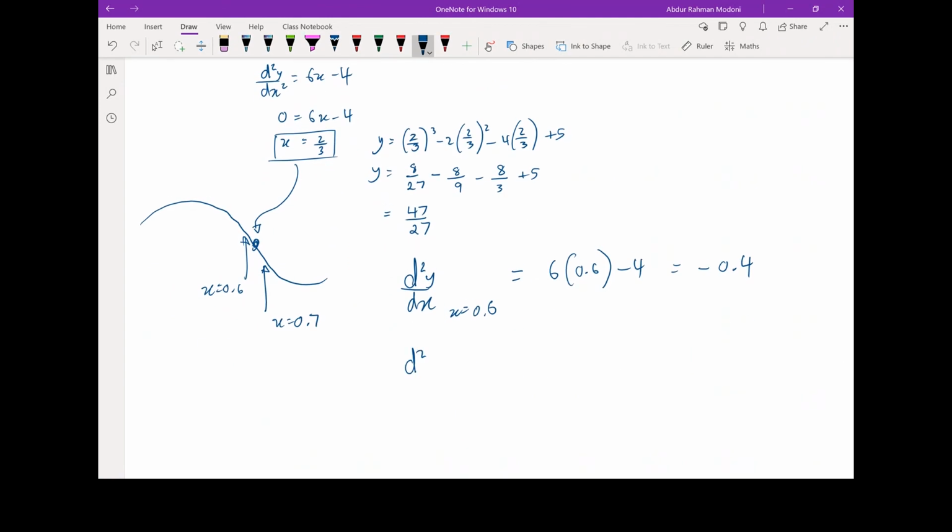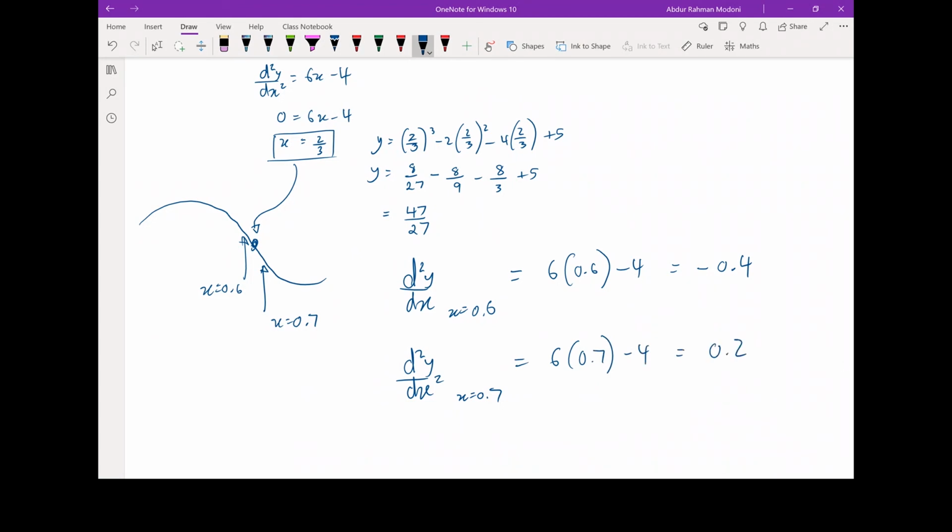And then d²y/dx² at x = 0.7, which is just slightly greater than 2/3, is equal to 6 lots of 0.7 minus 4, which is 0.2.